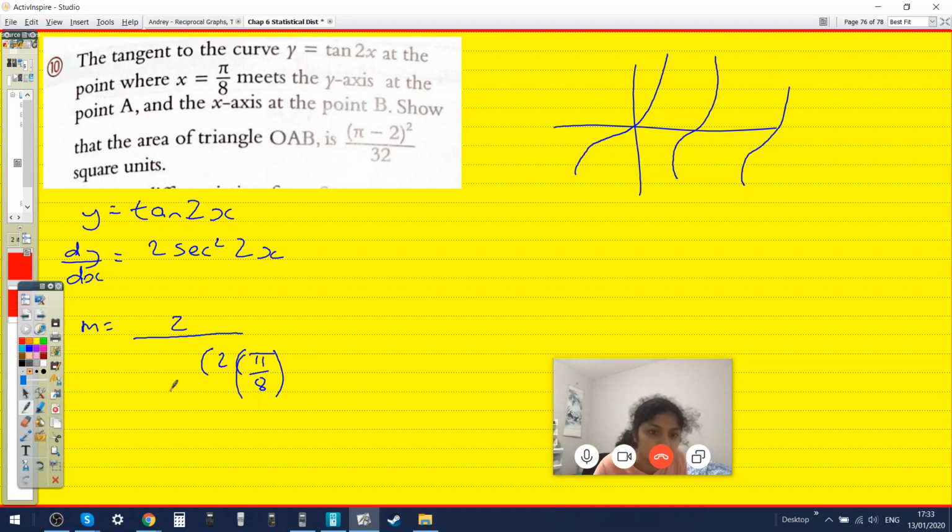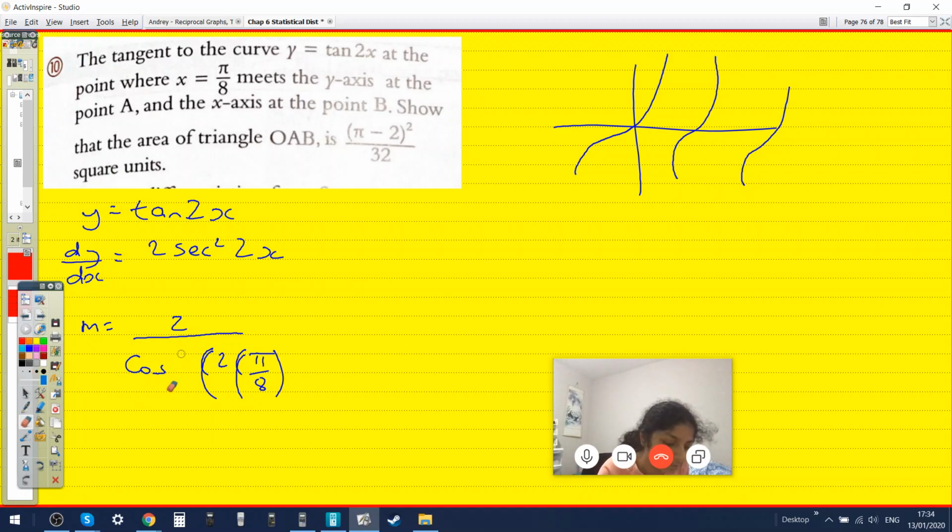How do you do sec squared in your calculator? 1 over cos. So 2 times 1 over cos. How do you do cos squared on the calculator?